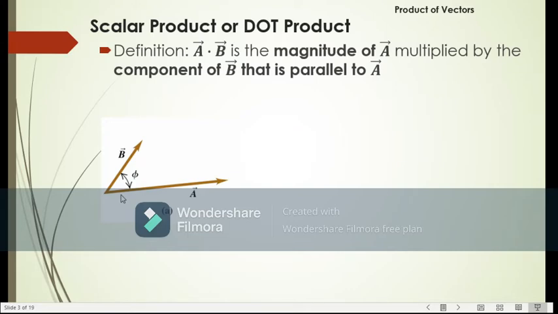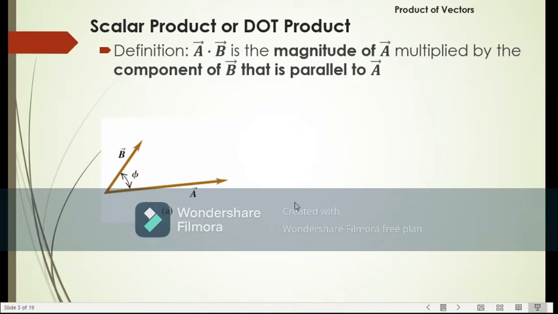So we have here two given vectors, vector A and vector B. Our vector B here has a direction which is phi with respect to A. So if we are trying to get the dot product of A and B, or A dot B, we must multiply the magnitude of A to the component of B that is parallel to A.